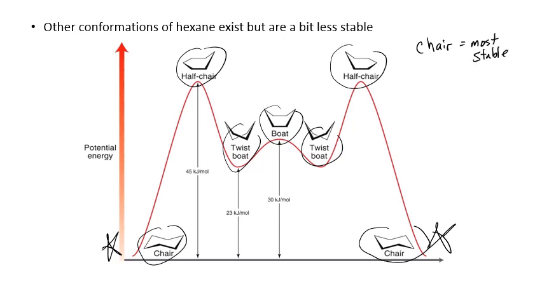And when I say most stable, I mean lowest potential energy. As far as the other conformations are concerned, just know that they exist. I'm not going to ask you to draw them or memorize their names. But there are higher energy conformations for cyclohexane.